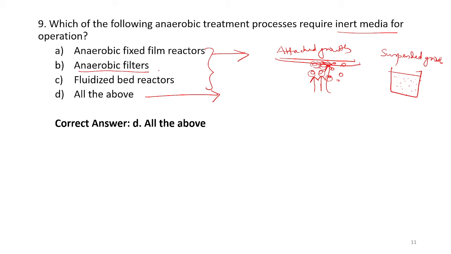Then in the fluidized bed reactor, there is some media, say fine sand or something, in which the microbes are attached, and when the water is passed, the bed will get expanded or fluidized, and the subsequent processes happen to remove all the organic matter present in the wastewater. So option D, all the above, is the correct answer.